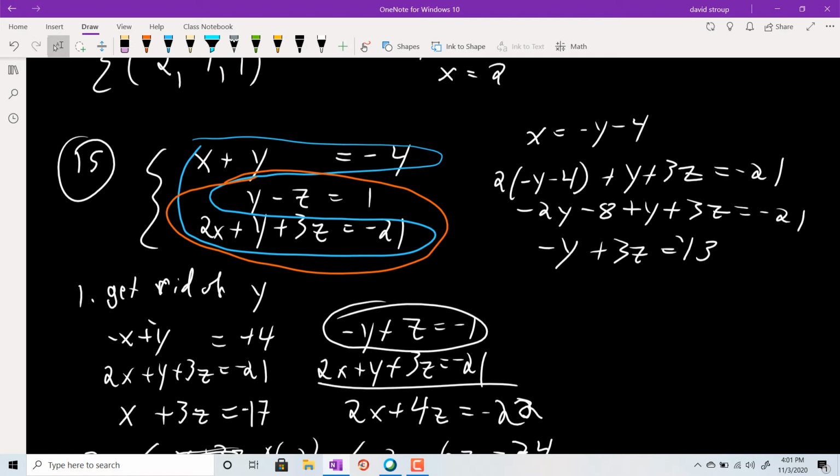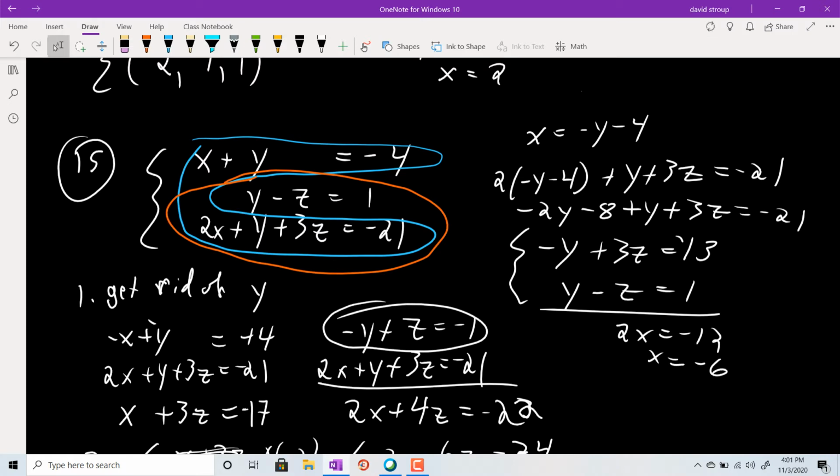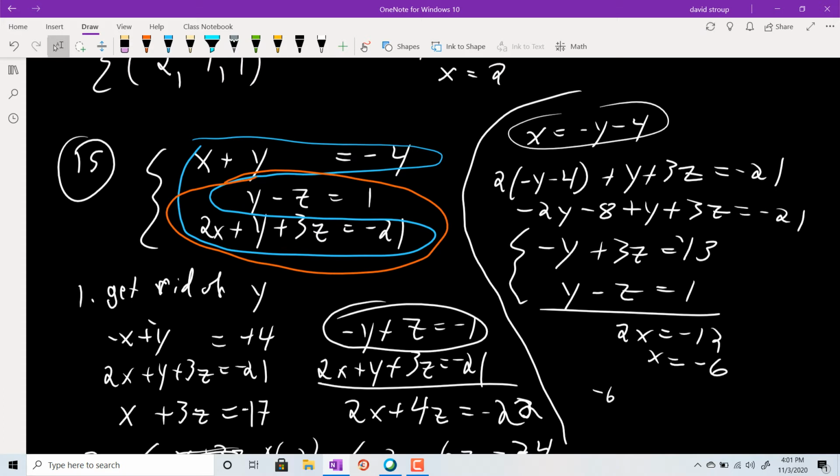And then I have two equations in terms of y's and z's. So that and this other one. And then try to solve that as a system. You could straight up do that too. X equals negative 12, and you're getting x equals negative 6 right off the bat. And so going back to this equation, negative 6 equals negative y minus 4, so y equals 2.